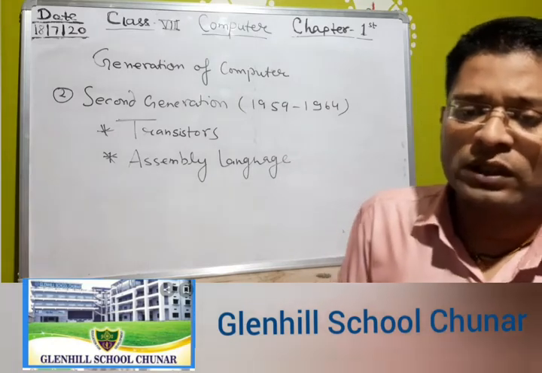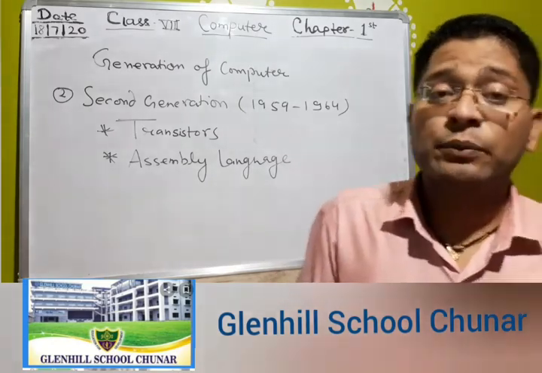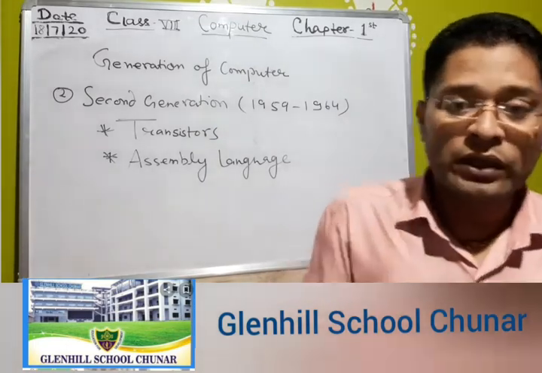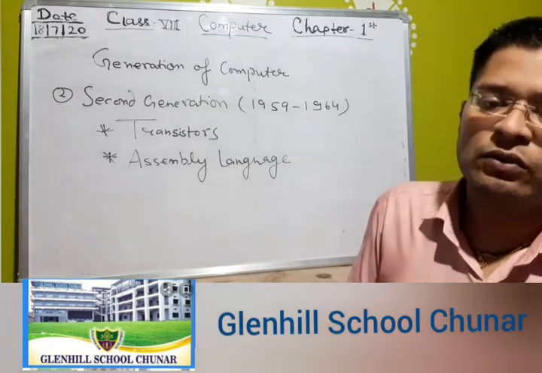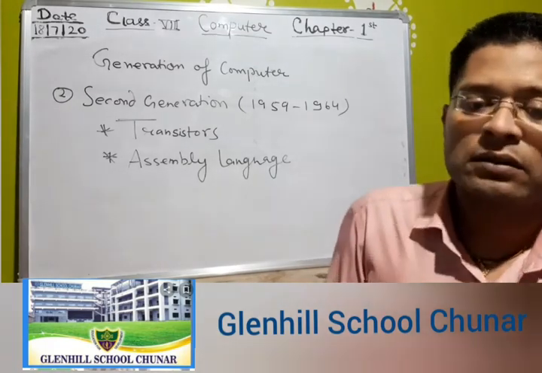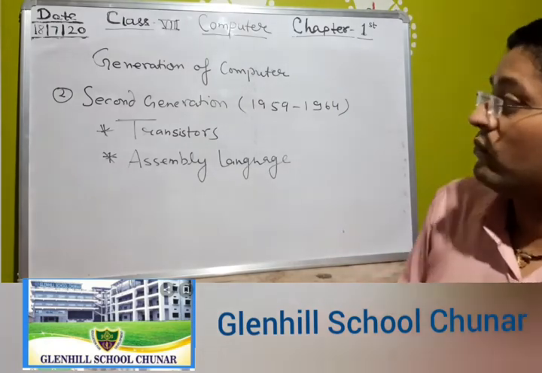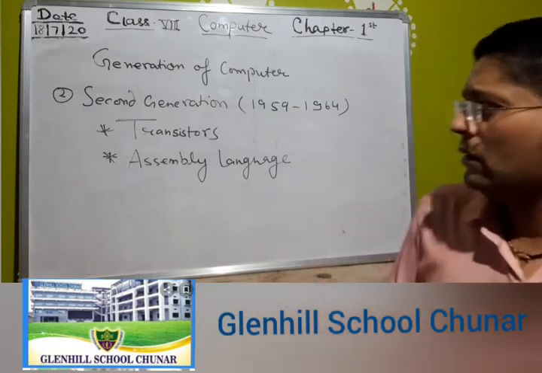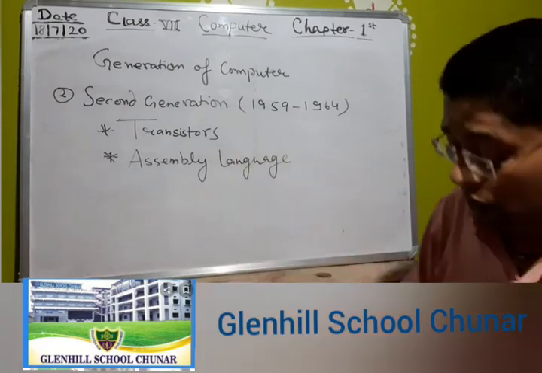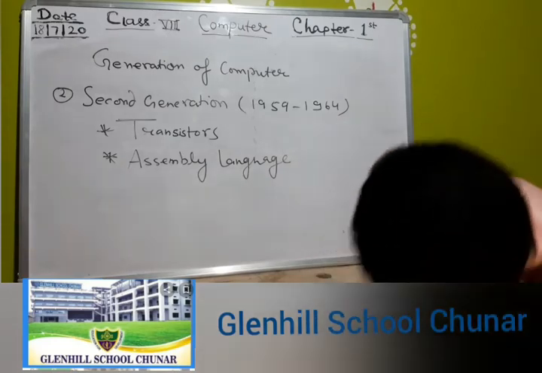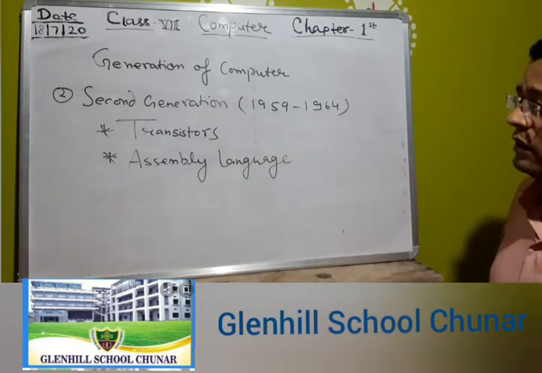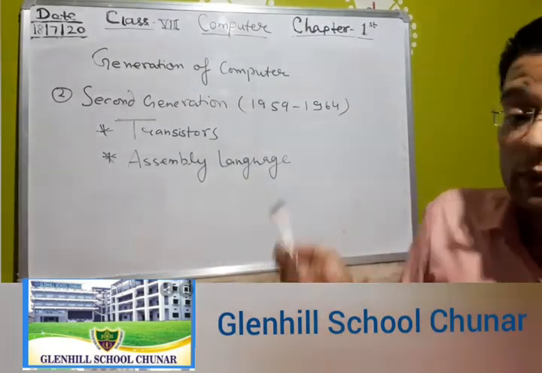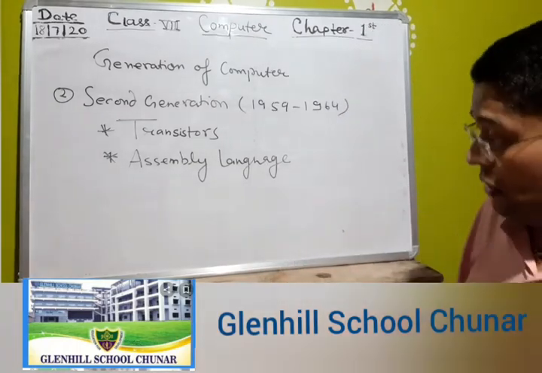Second generation computers were the first computers that stored their instructions in memory, and they were developed for the atomic energy industry. Which electronic component was used in the second generation? Transistor. Which language? Assembly language.